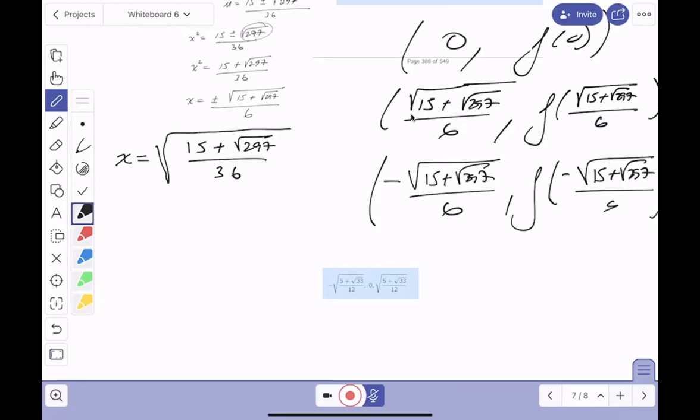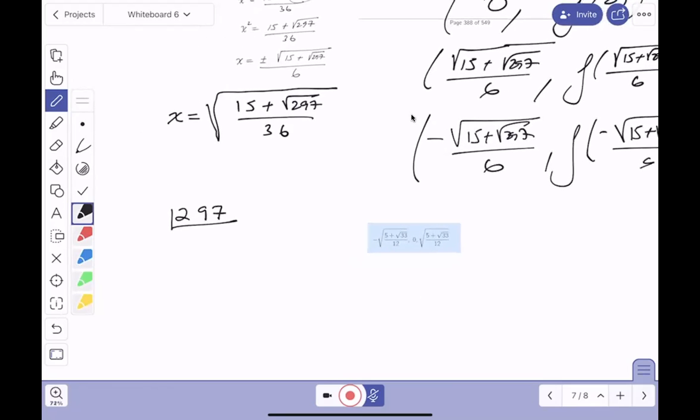I'm going to look at the 297. 297 is divisible by 3, let me go through that with you. 3 goes into 297: 3 times 9 is 27, and then you'd get 99. 3 goes into 99 33 times.